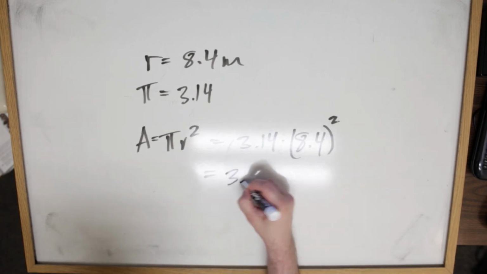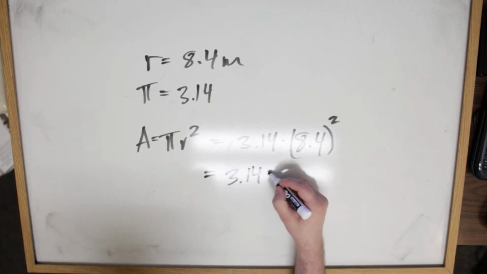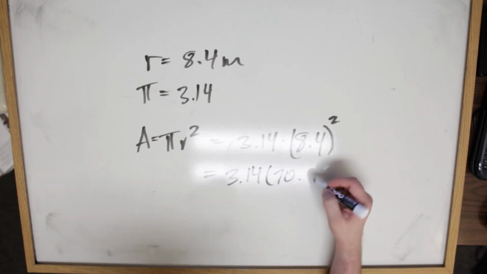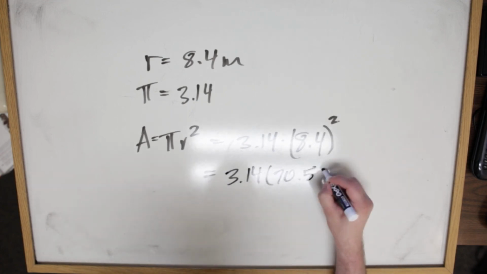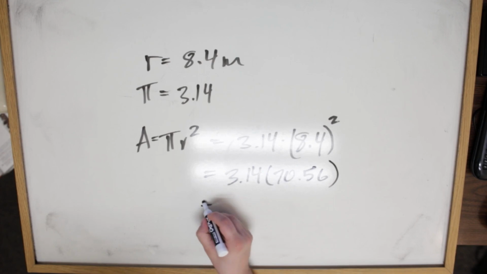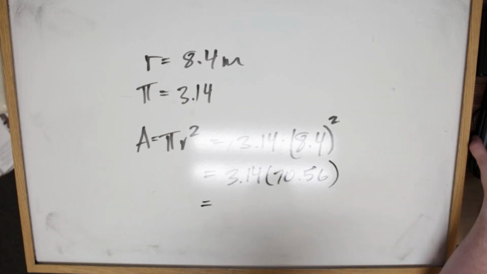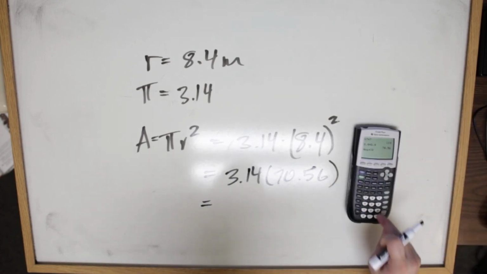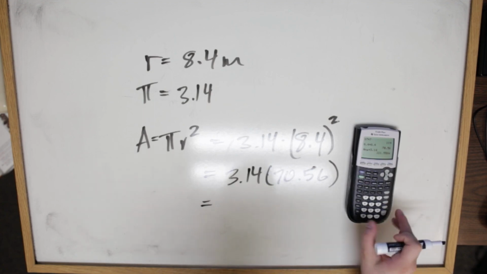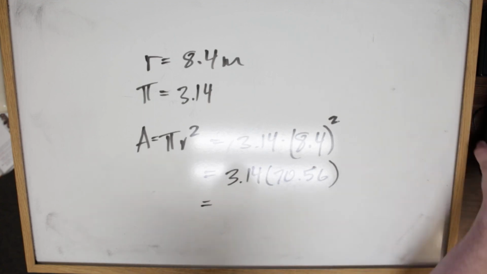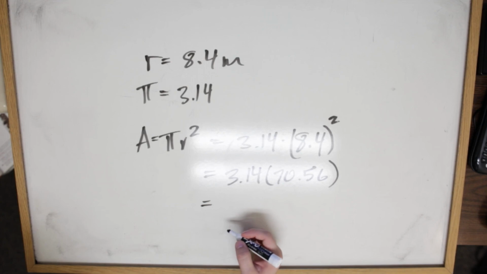So we've got 3.14 times 70.56. And then I multiply that number in my calculator times 3.14, and I get 221.5584. Did they tell me to round? They did not tell me to round.